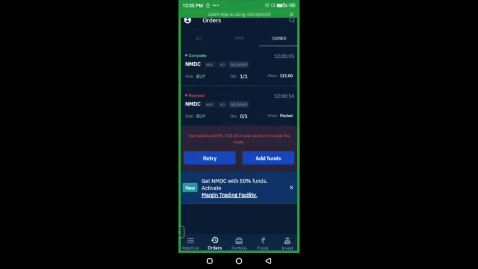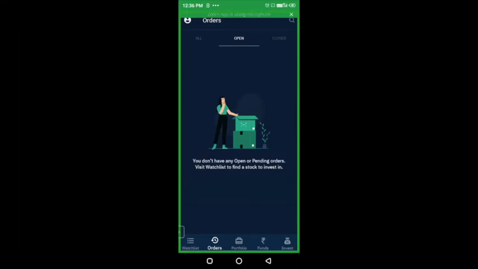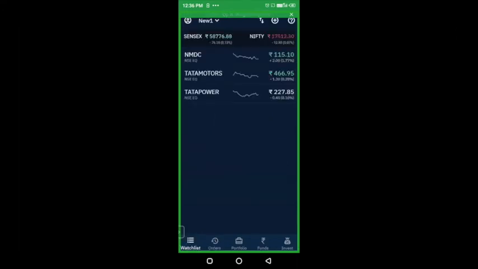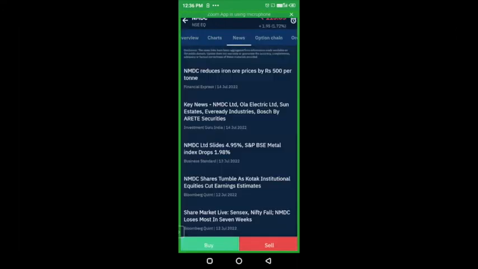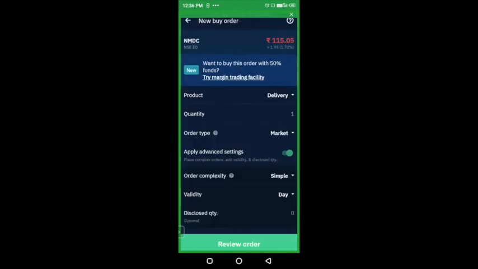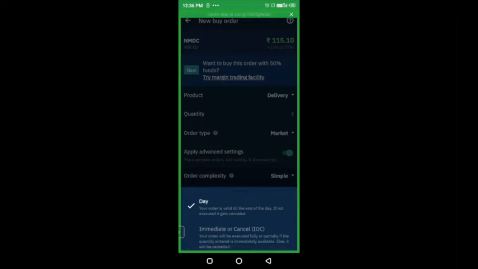If my order is not at all executed, it will be under open section. The validity: if you place any order, it will be valid only for a day.